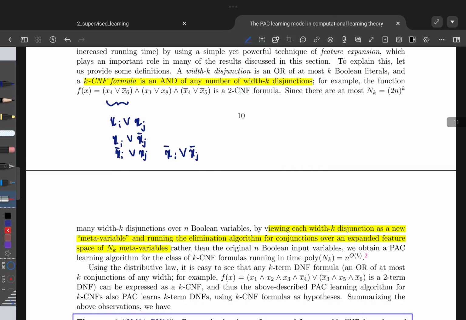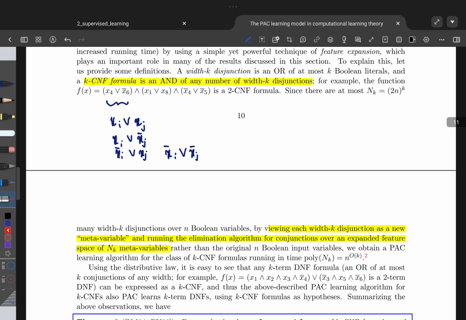Not how many values this can take, right? How many distinct functions can I generate in this particular form? So how many different functions are possible for just this term? 2n whole square. Why 2n whole square? Because there are 2n ways of choosing the first one. Correct.